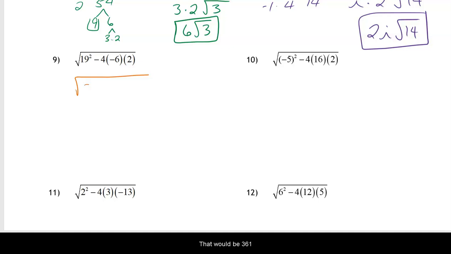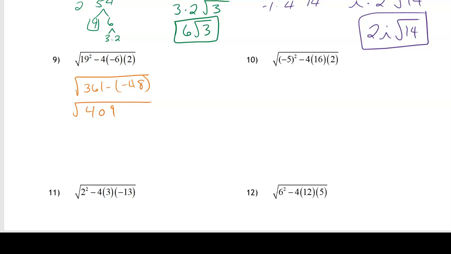That would be 361 minus 4 times negative 6 times 2 is a negative 48. So 361 minus a negative 48 would be 409.